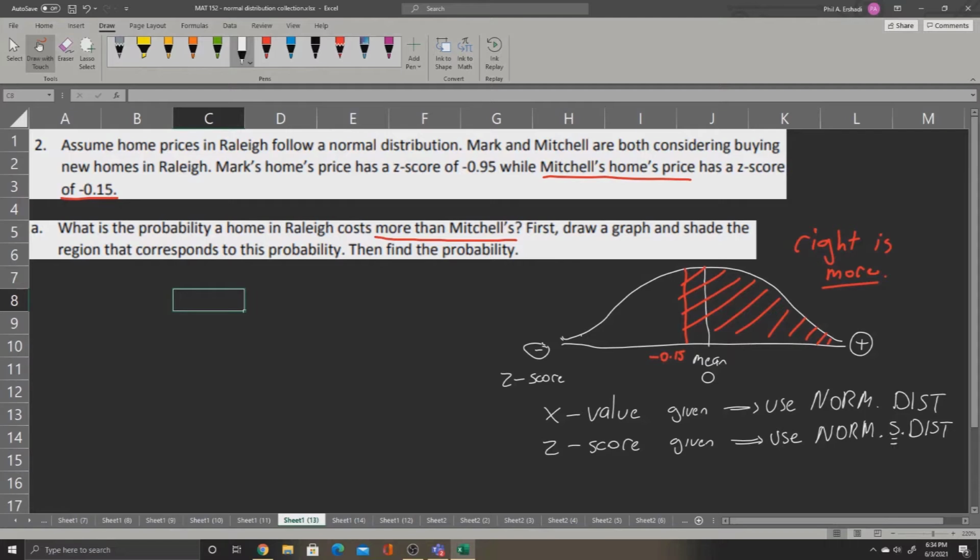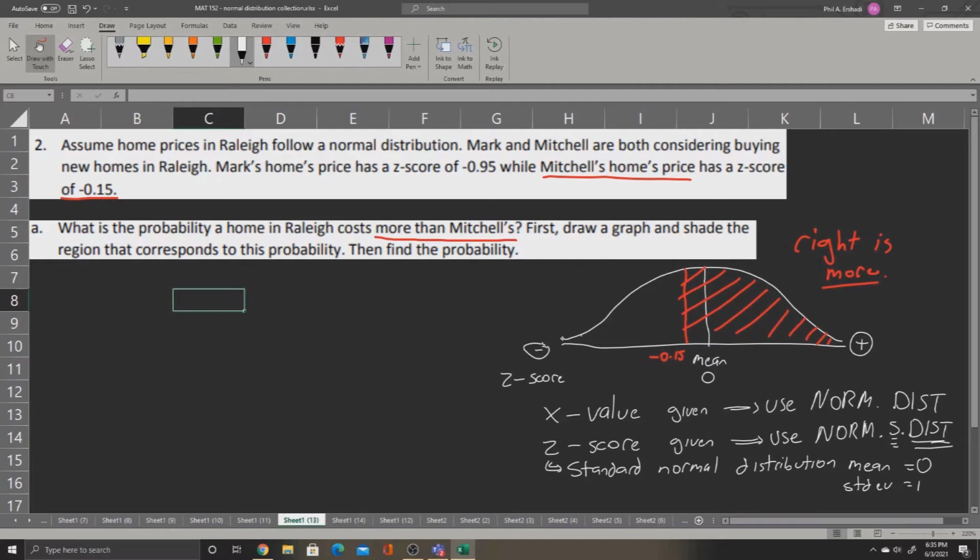The S stands for standard and dist stands for distribution. So anytime you have a z-score, we are going to use the standard normal distribution. The standard normal distribution always has a mean of 0 and a standard deviation of exactly 1.